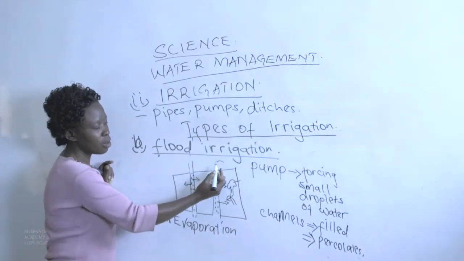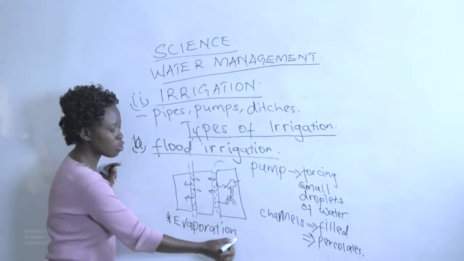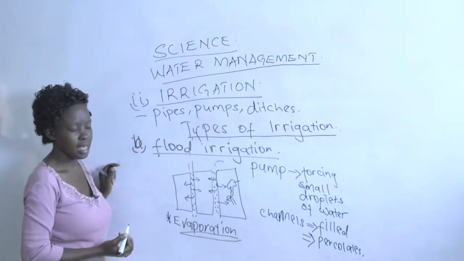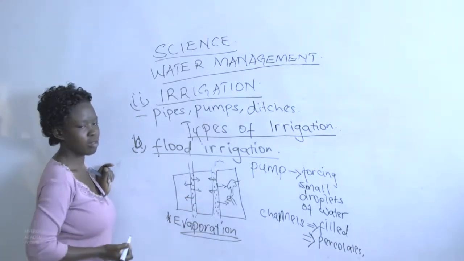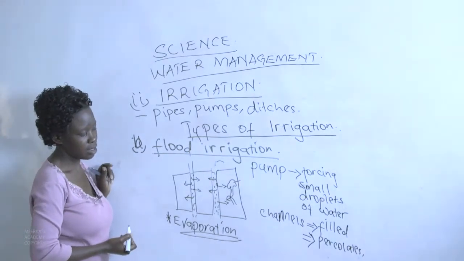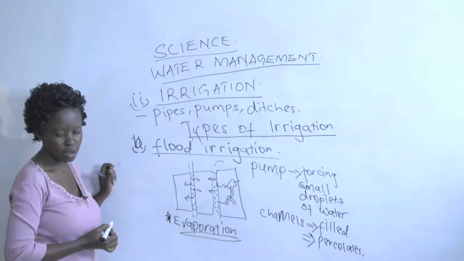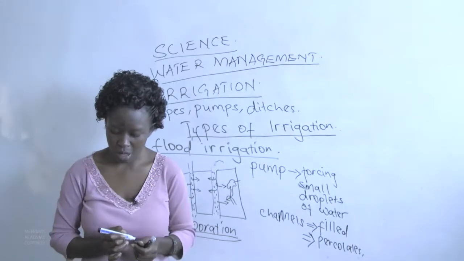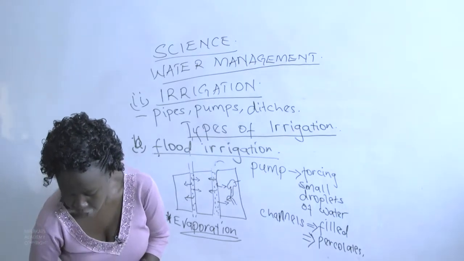At the same time, water will evaporate from the soil. So the evaporation process will be high when you have channels that are exposed or soil that is exposed. So those are the two types of irrigation that we have.